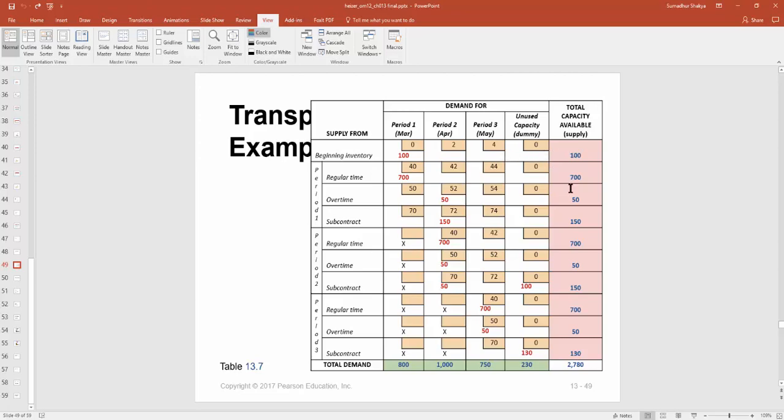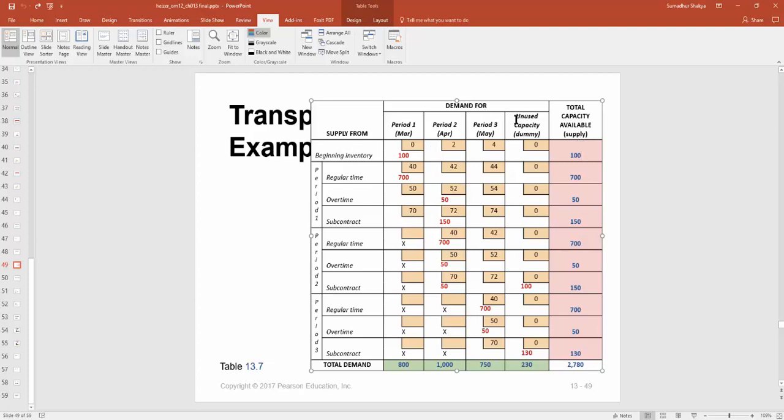The basic concept introduced in this transportation problem, which is a specialized case of linear programming, is that you have to make supply equal to demand. In order to make supply equal to demand, we add what's called a dummy variable. If it's not there, it's highly recommended that we always make it. So the rightmost column is the total capacity available. This is the supply.